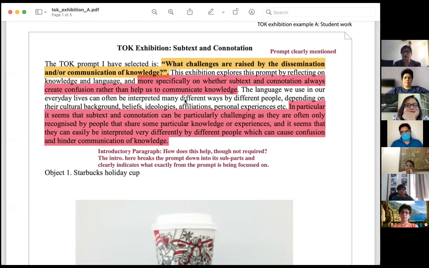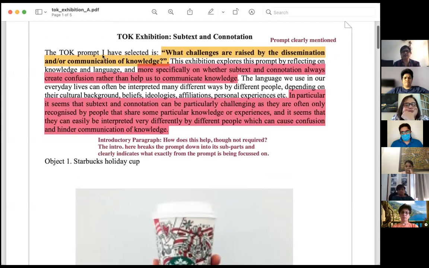So the commentary starts clearly by the student saying, I have selected the prompt. What I've done is I've highlighted it so that we can then link it later. So I've highlighted the prompt in yellow. Clearly, the prompt is: what challenges are raised by the dissemination and or communication of knowledge.